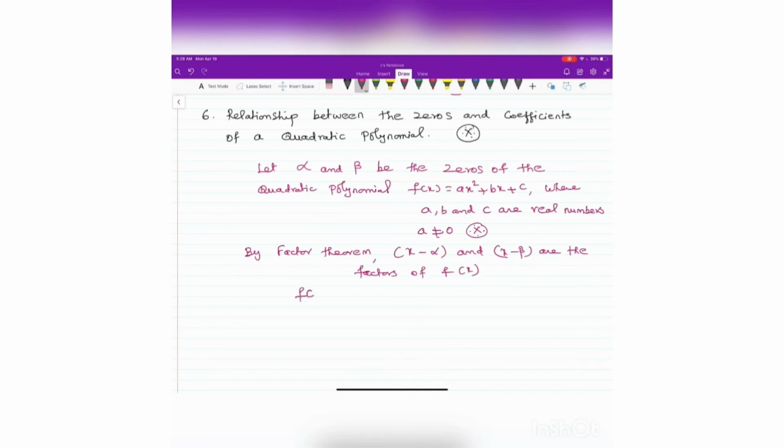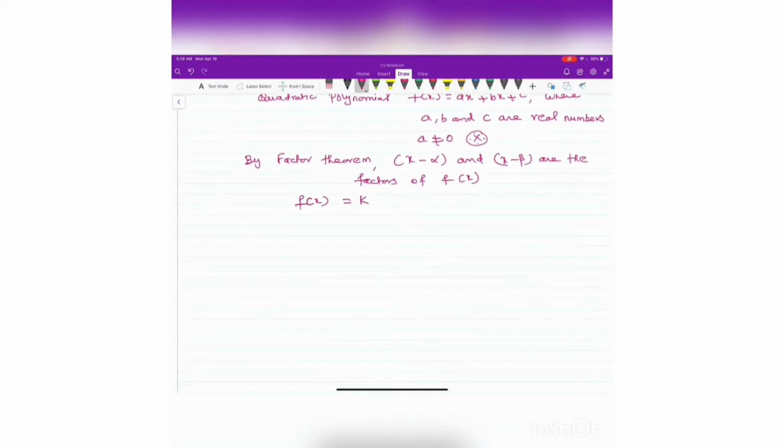Then I can write f of x as k into x minus alpha into x minus beta, where k is a constant.